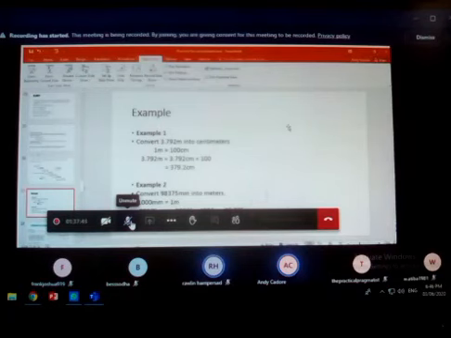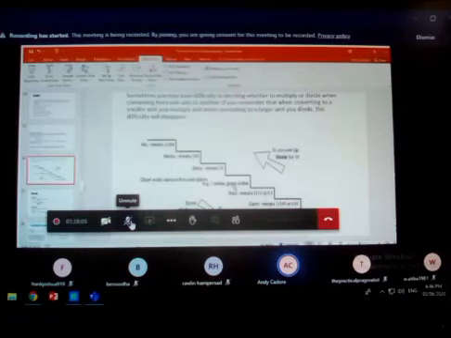So we're watching this example here now. We have 3.792 meters. We're converting that to centimeters. If you're on meter and you're converting meter to centimeter, that means you're coming down 1, 2 steps.